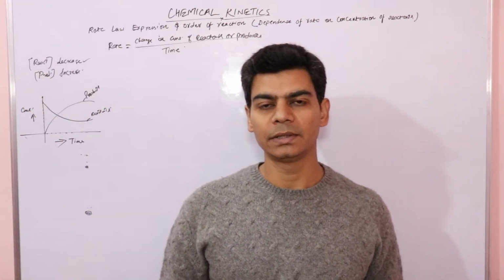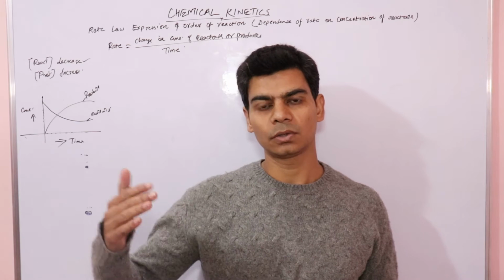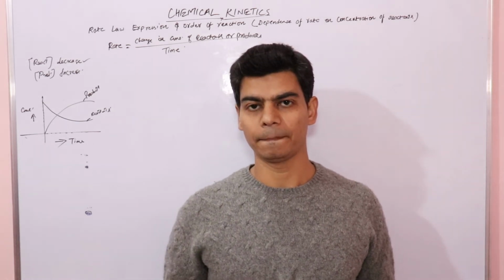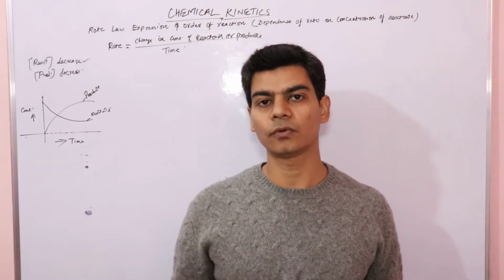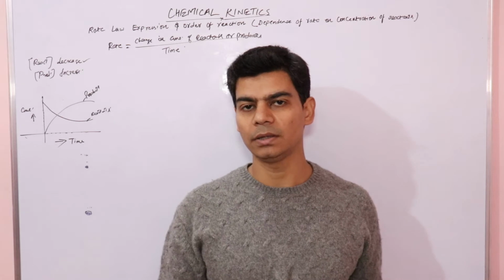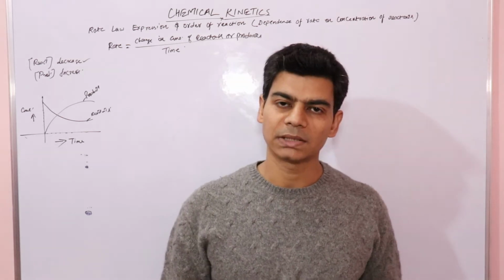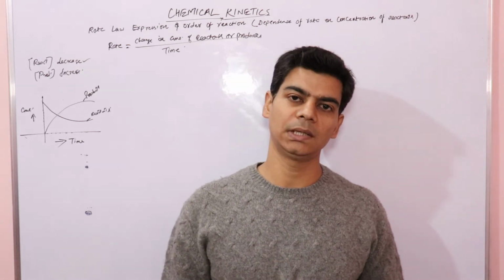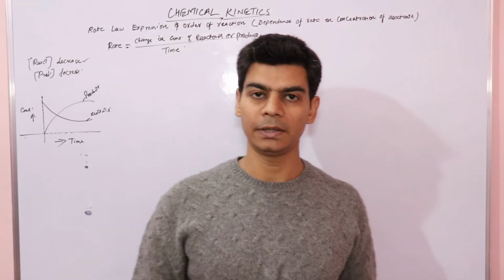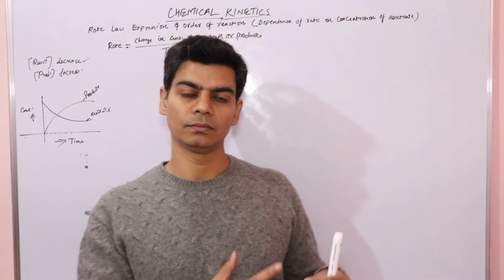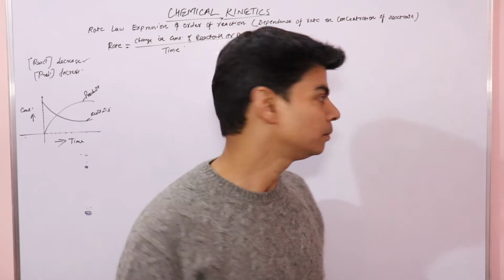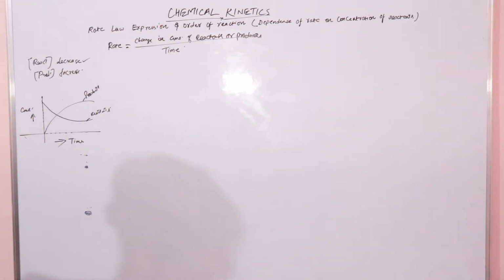They were the first scientists who studied the dependence of rate of reaction on concentration of reactants, and they put forward a very famous law, which we have also done in chemical equilibrium, the law of mass action, right?